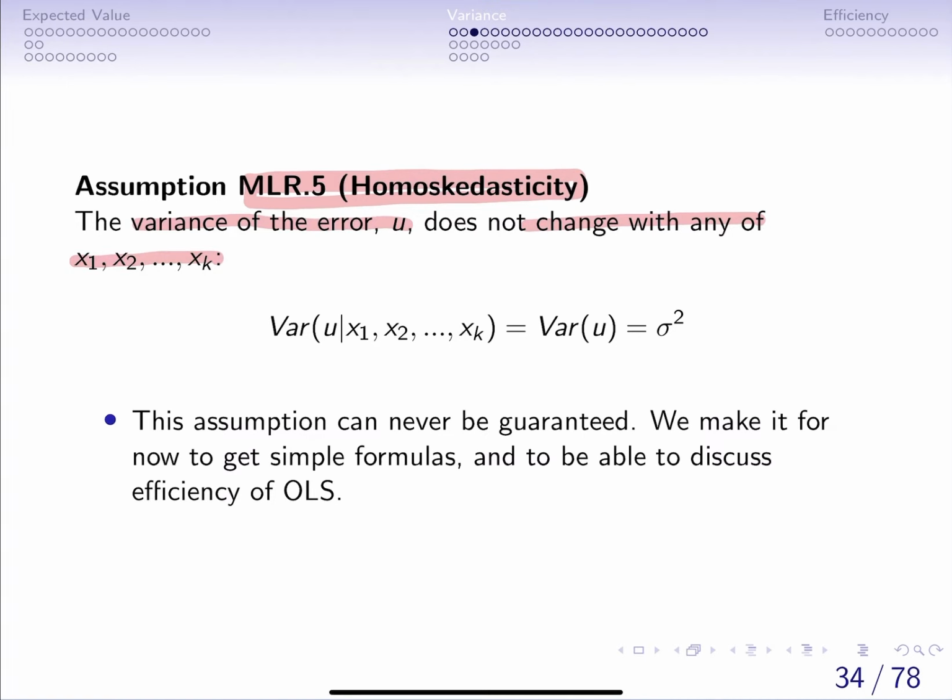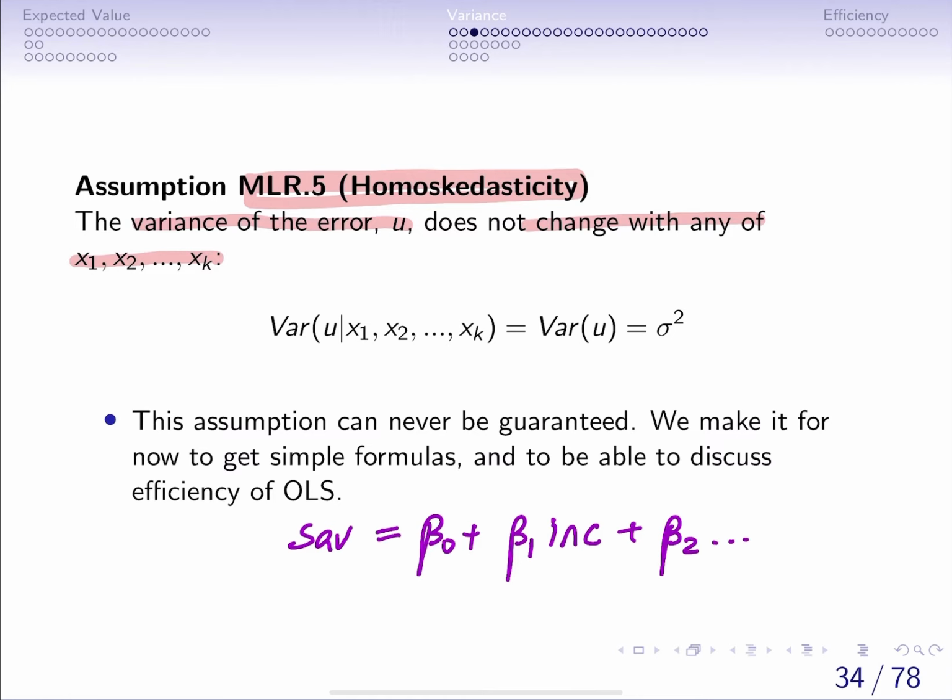So here we are basically saying, if we were trying to, let's say, estimate the effect of income on savings, we've proven in the previous chapter that the variance of u given x is equal to the variance of y given x, right?